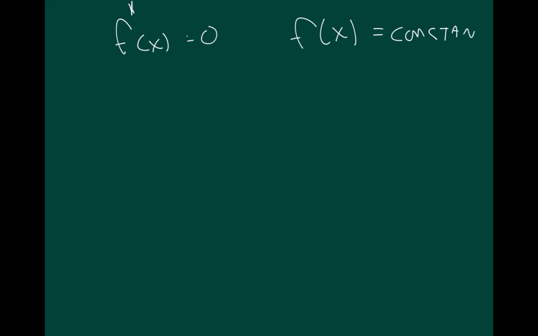And if you have two functions, g of x and h of x, if one derivative is greater than the other, then that function is increasing faster than the other. All right, let's not let this get too confusing.